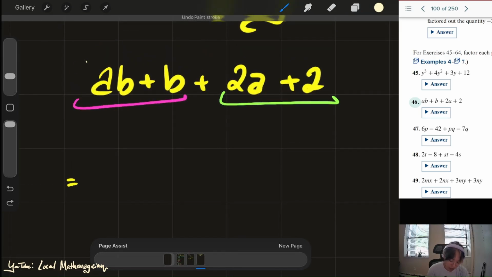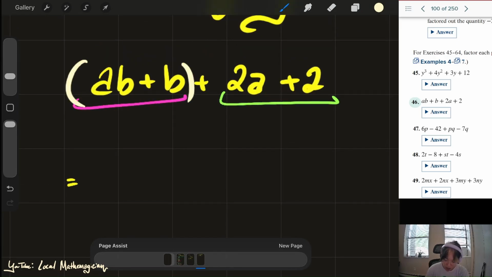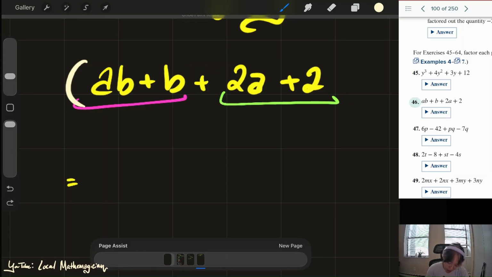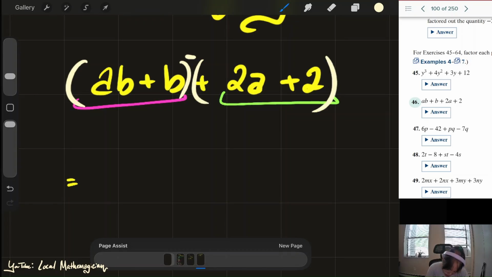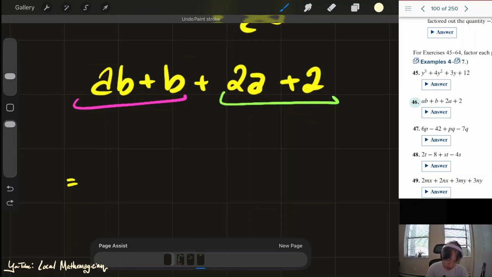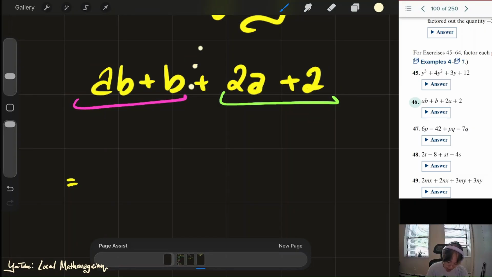Sometimes you might see me go like this, and then like this. Just be mindful, because if that's a negative sign, then you want it inside, so like this and a little plus sign right there. But for now, I'm just going to separate it like this, because this is plus 2.